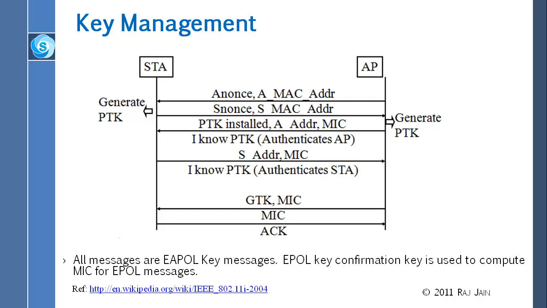So generate PTK. So now the access point says PTK installed, and again this is my address and here's the MIC. So this is actually an encrypted message. This is encrypted with this PTK, and this one says, look, now I have computed it, so basically we have the same password, because if we had different passwords, then we wouldn't be able to do that.